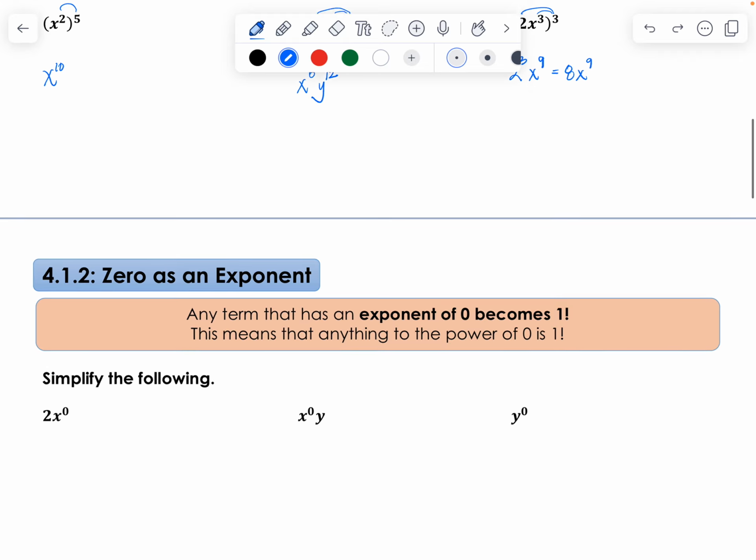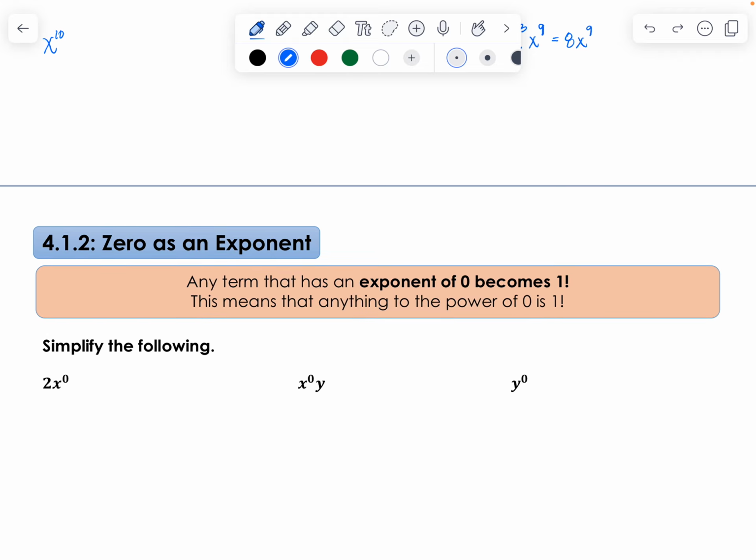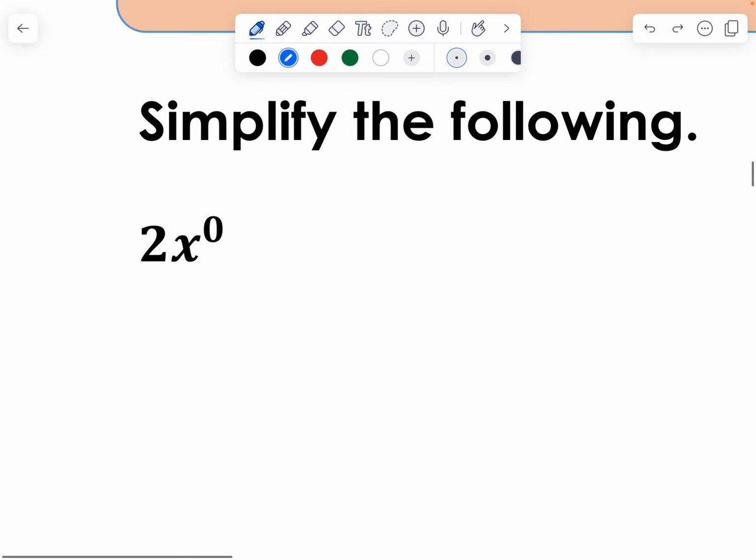All right, 0 as an exponent. So anytime you have an exponent of 0, that term becomes 1. It goes away, the variable goes away, and we leave behind just a placeholder 1. So for example, here we've got 2, and then we're multiplying 2 by x to the 0 power. That is going to become 1.